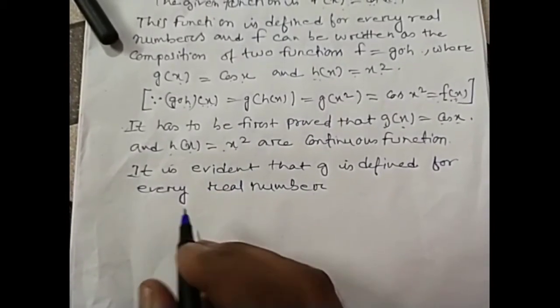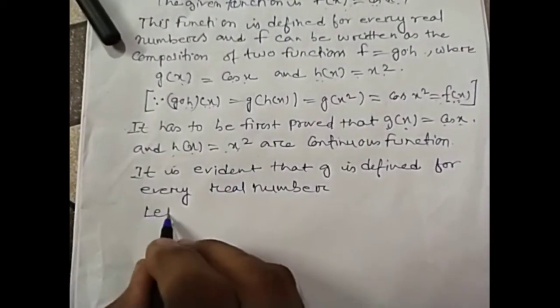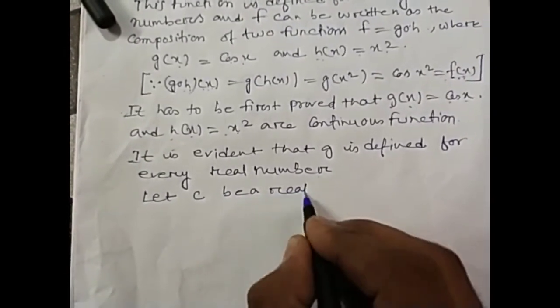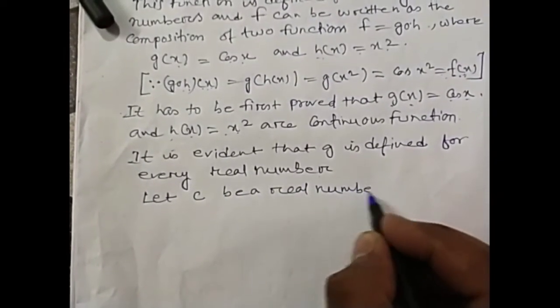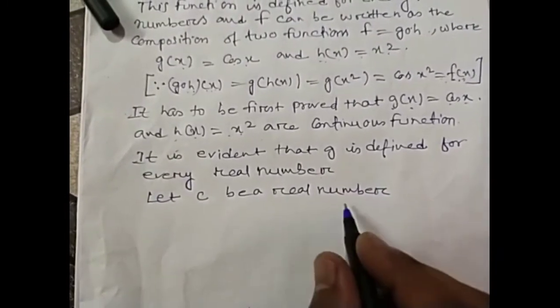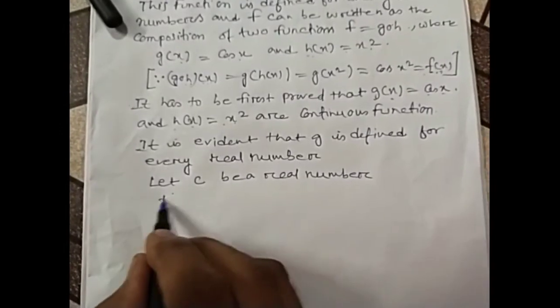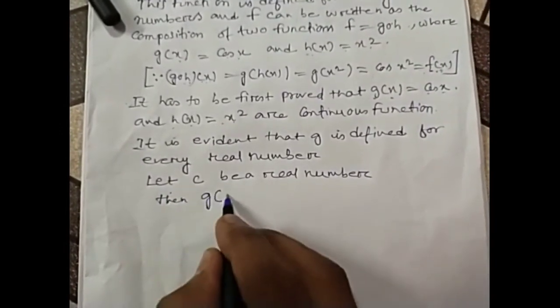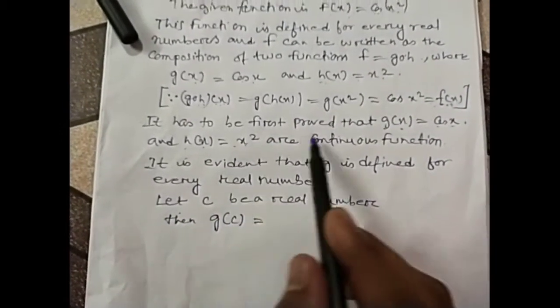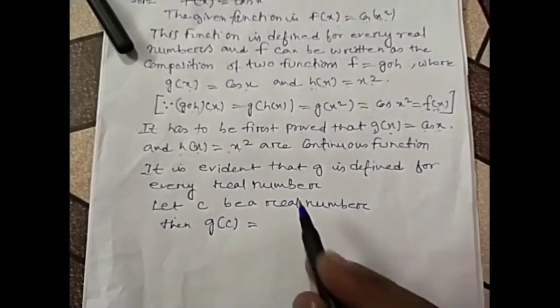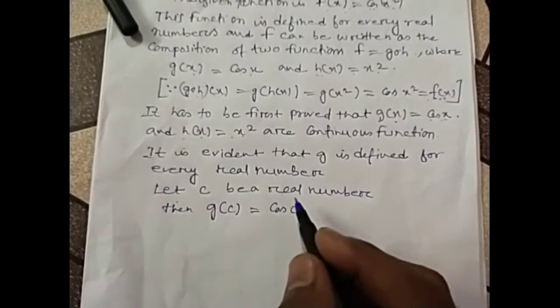Let c be a real number, c is any point on the number line. Then g(c) equal, because the function g(x) equal cos x, if I replace x by c, I will get cos of c.